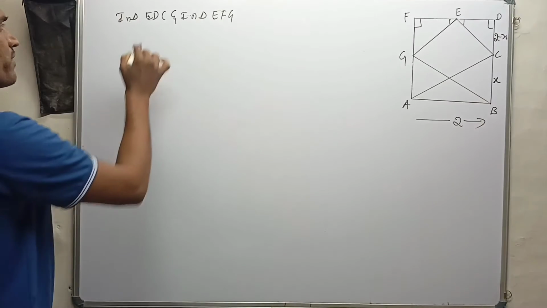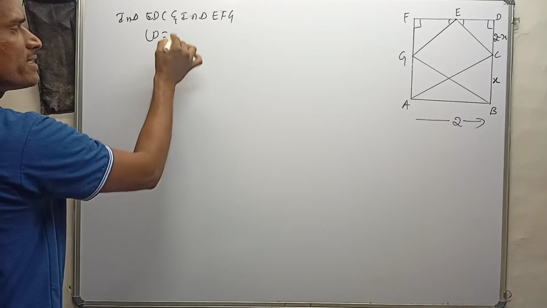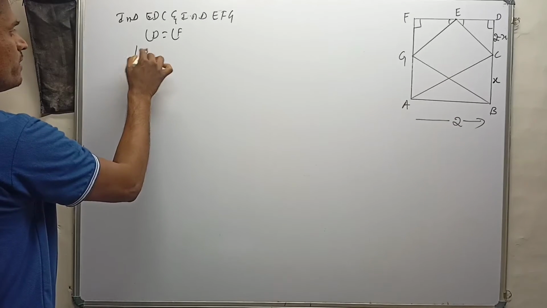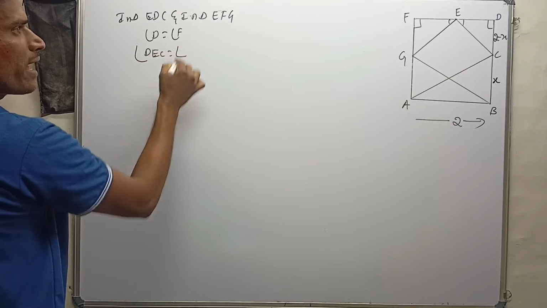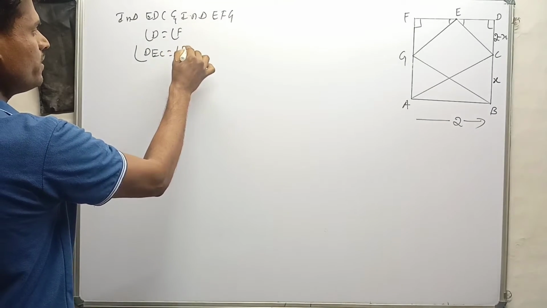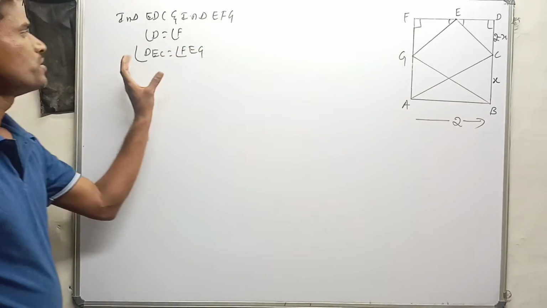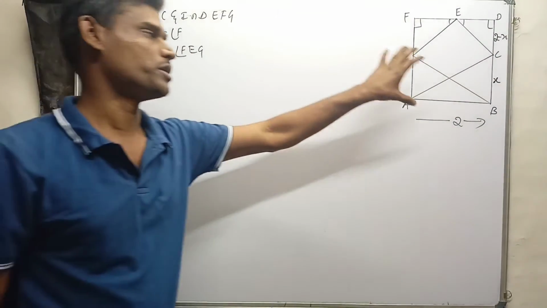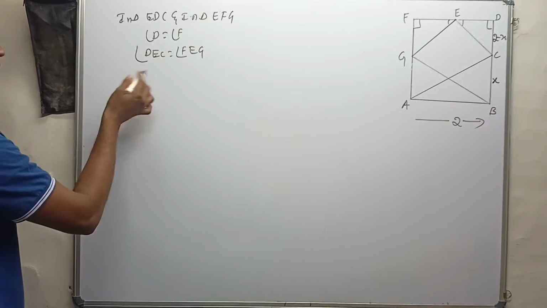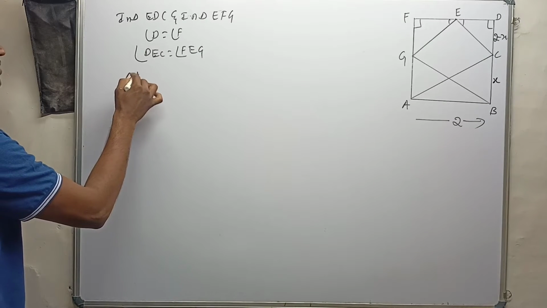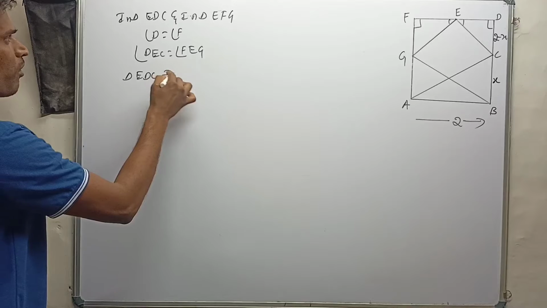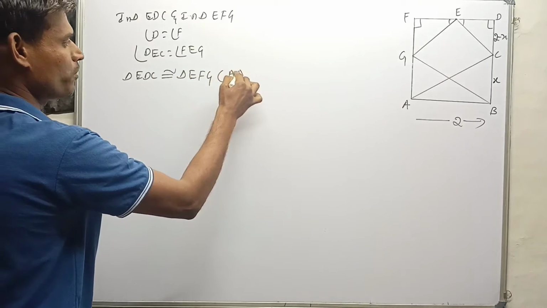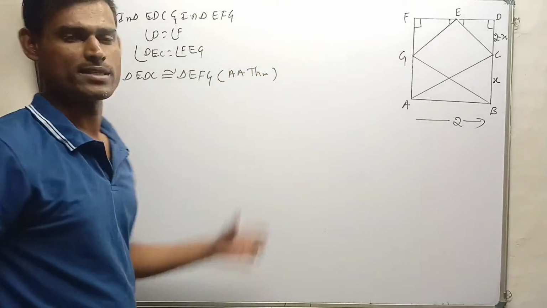So in these two triangles we can write angle D is equal to angle F, then angle DEC is equal to angle FEG. So in these two triangles, two angles are equal to each other. Then with the help of the AA theorem, we can say that triangle EDC is congruent to triangle EFG.